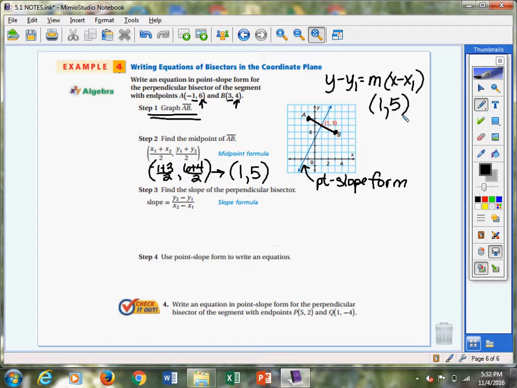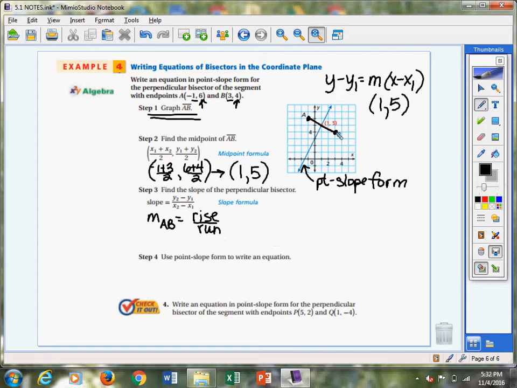Now, we've got to find the slope of the perpendicular bisector, but first you need to find the slope of the original segment we're basing this on. So we need to find the slope of AB. You can use the slope formula, they have it right here, but since it's graphed, I recommend doing rise over run.